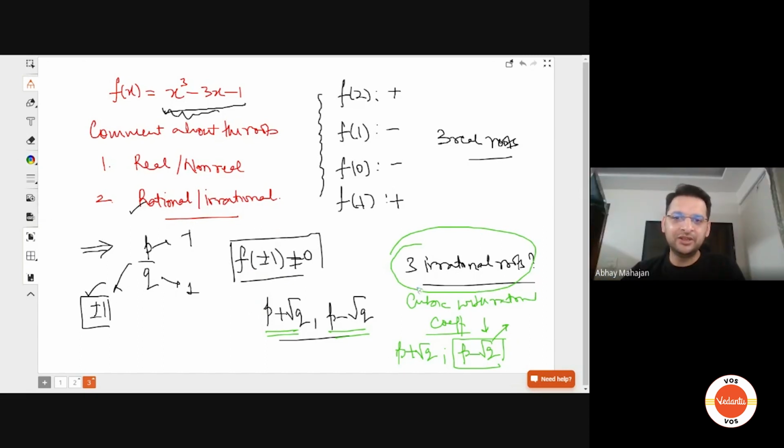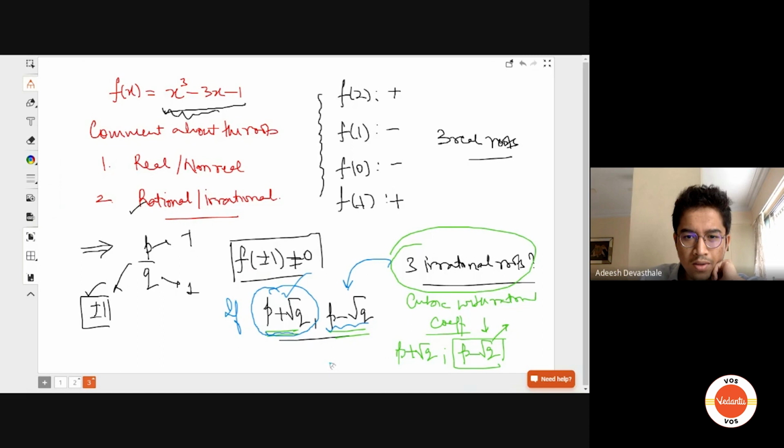Okay, let me tell you. So basically, the irrational conjugate theorem works only when one of the roots is p plus root q. So if one of the roots is p plus root q, the other root has to be p minus root q if the coefficients are rational. Right, but there can exist three irrational roots which are not of this form.